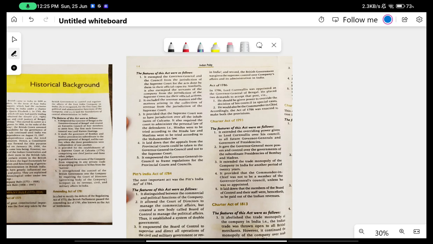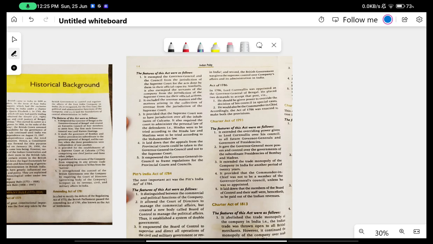So by saying Governor General in Council, it means that this case must be presented to the Governor General and to his executive council. It means that the Governor General cannot take an independent decision on this case, and he must sit with his council in order to talk about his decision. So this is why they've said Governor General in Council.